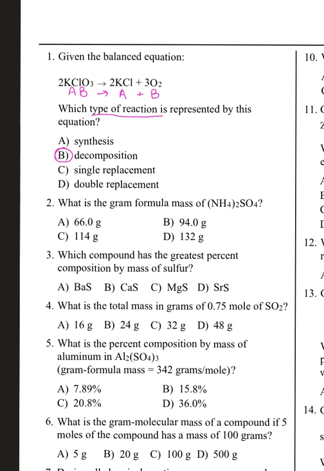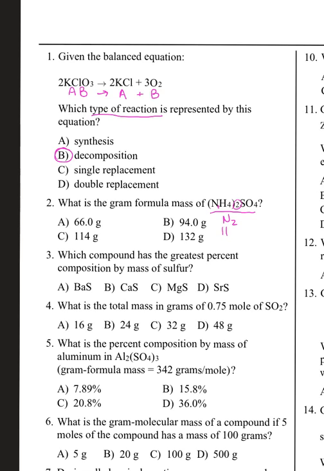Question 2. What is the gram formula mass of ammonium sulfate? So ammonium sulfate, to find the molar mass, we need to find out how much each of these elements in the compound weighs. So we use our periodic table. We see that we have 2 nitrogen, subscript 2 tells me that there's 2 nitrogen.